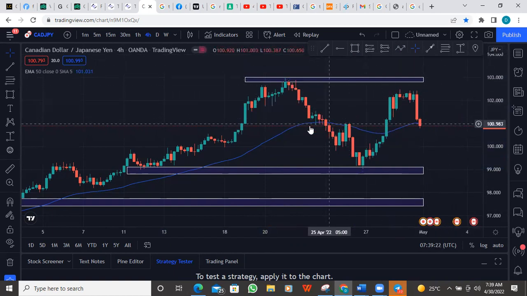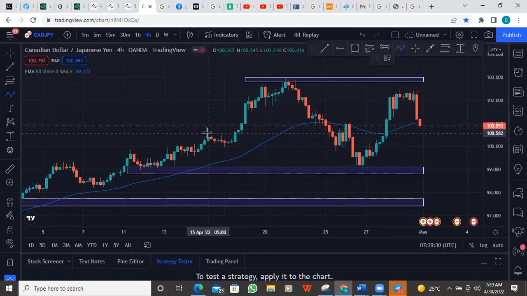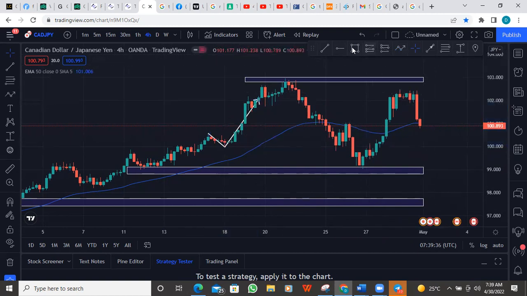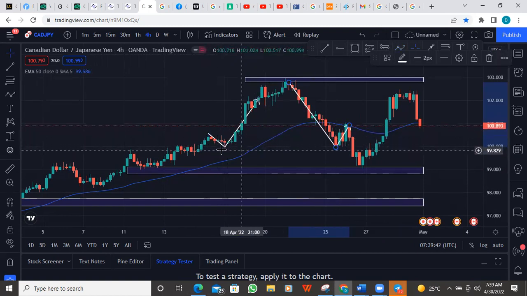All right, so I look into the chart to see whether there is any other place where I can find multiple touches. I can see another one here, from here to here, to this place before it went up. And then it moved from here, got to this place and went up again. So I can see two touches over here too.